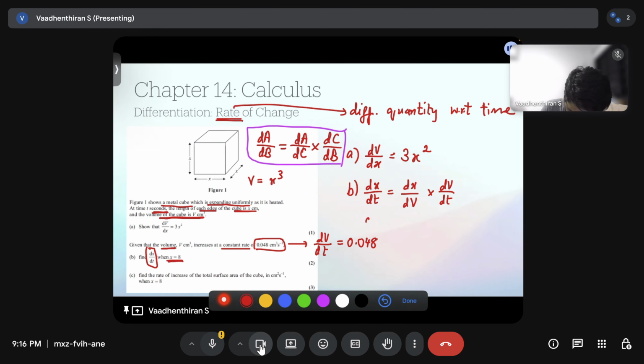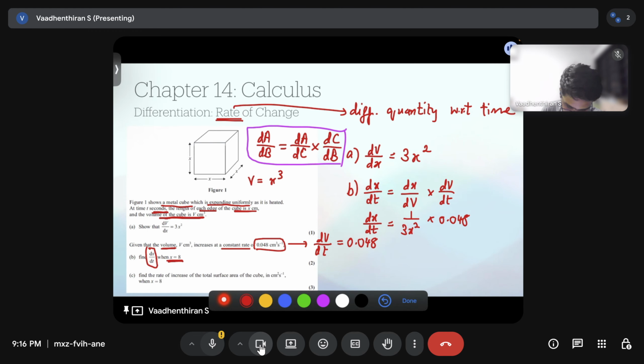Now you just substitute the values. We have dV over dx, so the reciprocal, dx over dV, will be 1 over 3x squared, times 0.048. So that's your dx over dt.